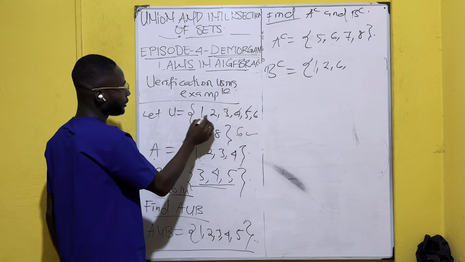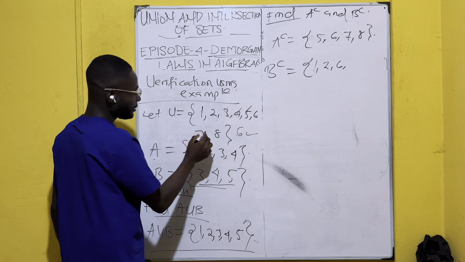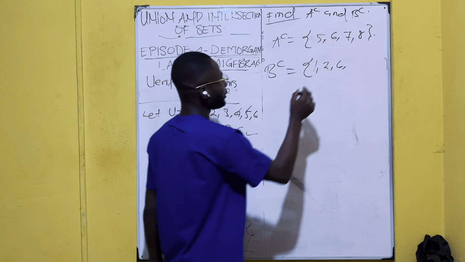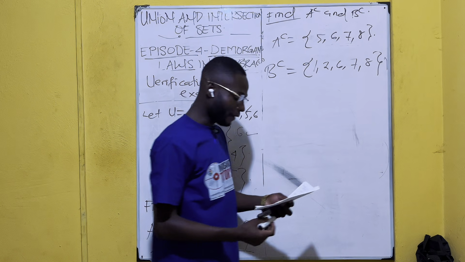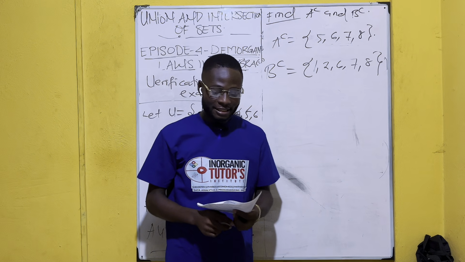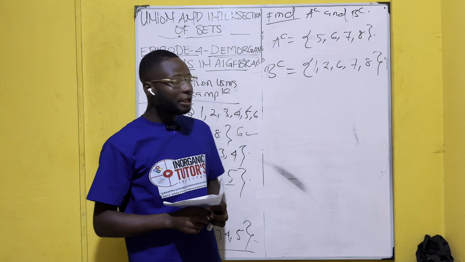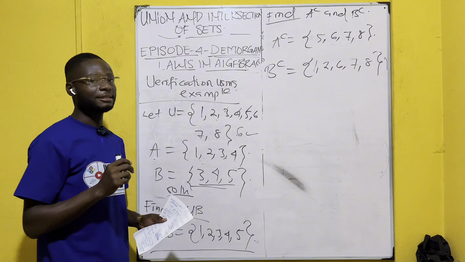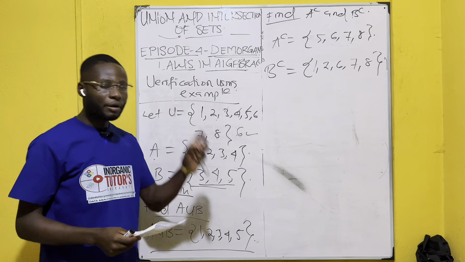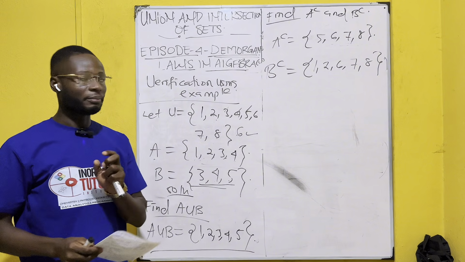So you're going to be left with 1, 2, 6, 7, and 8. Right. So that is B complement.